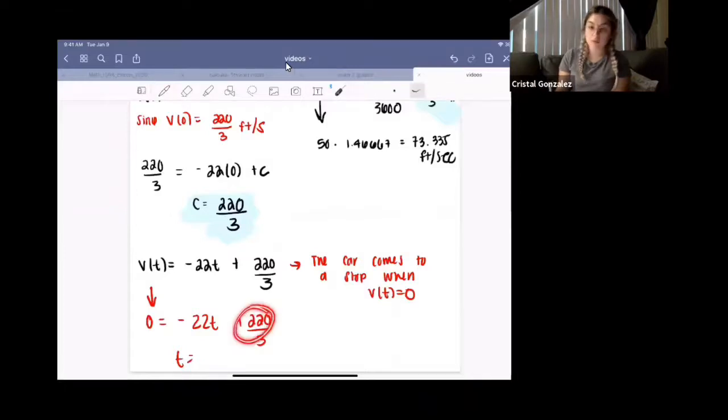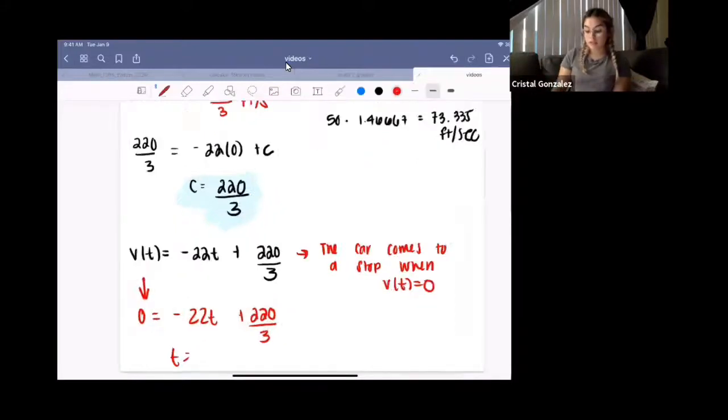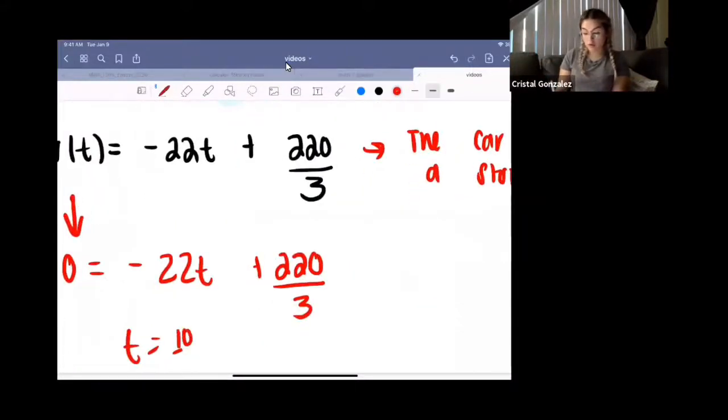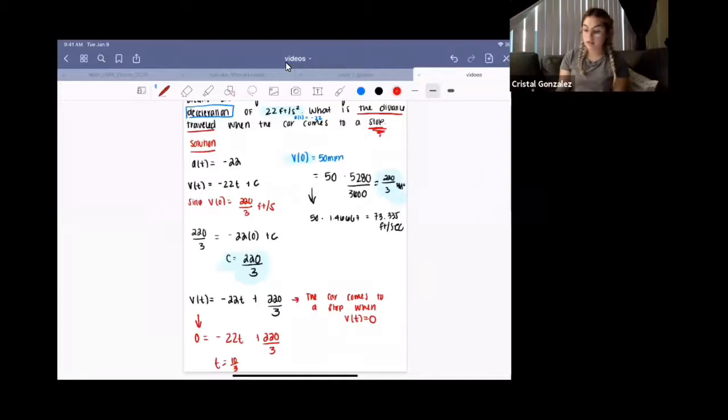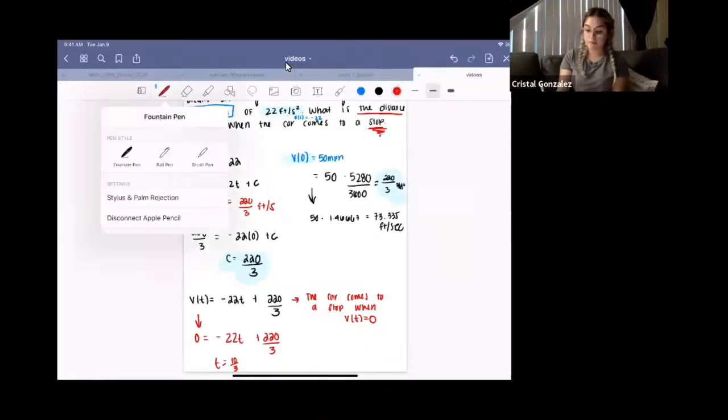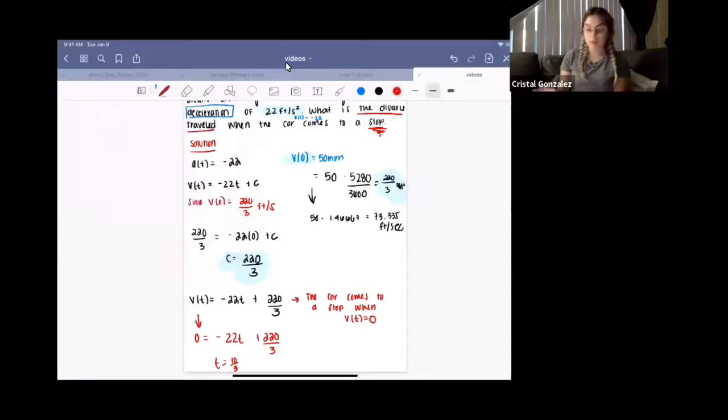Sorry, you can't see my movement. 220 over to the other side and divide by negative 22. And that's going to give us a time of 10 over 3. Okay. And like I said, I'd rather keep this exact just to avoid error in our problem. So this is what we're going to use to find our position function.